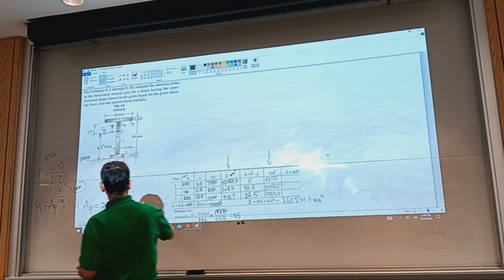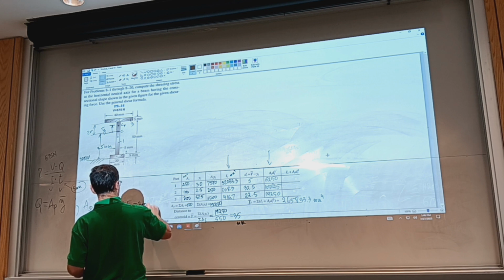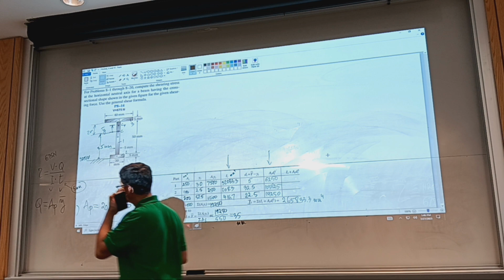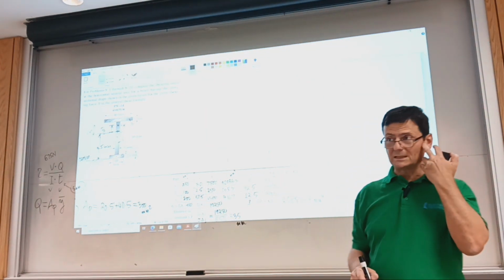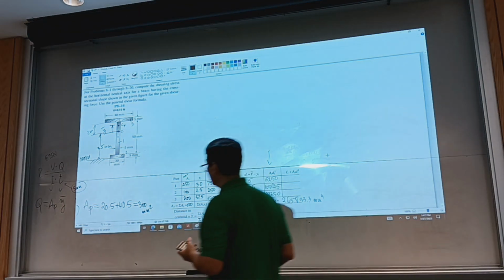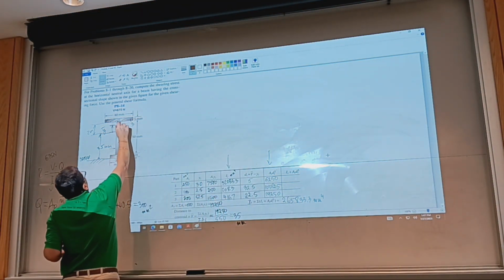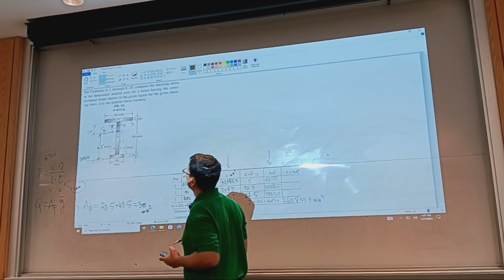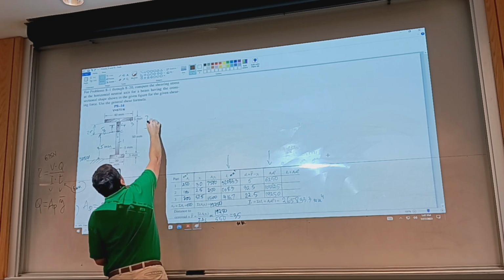That's 300, and units are millimeters squared. So we have this. All we need to get is the distance from the centroid of the assembly to the centroid of just the partial area, which is the crosshatched one. I need to add some more to delimit AP. So that's AP.